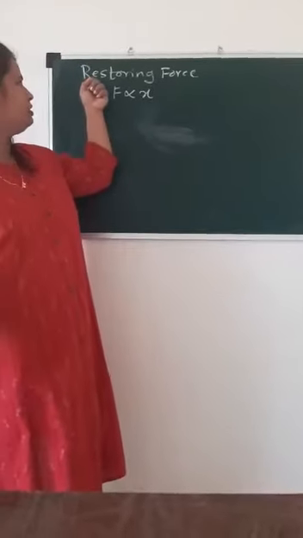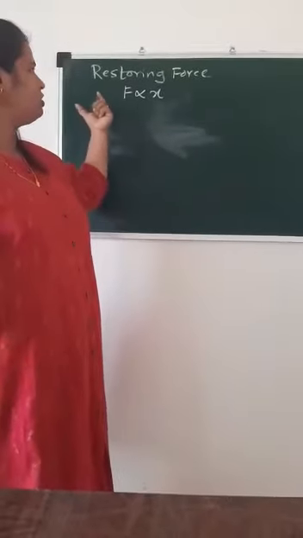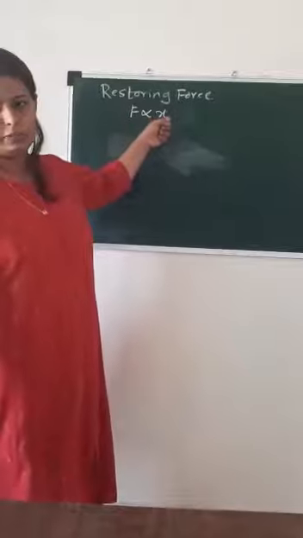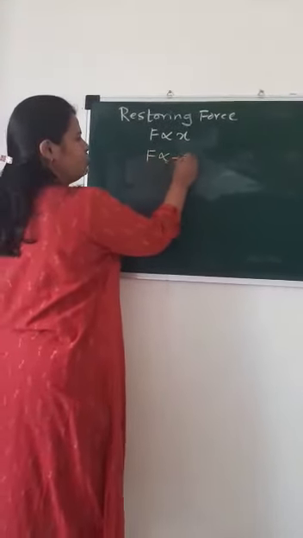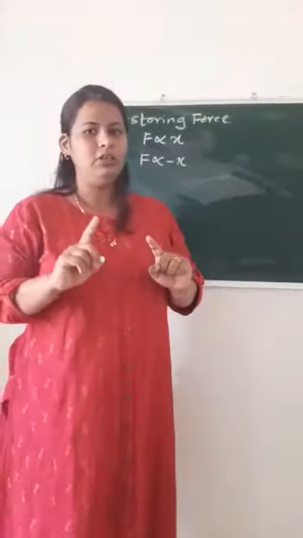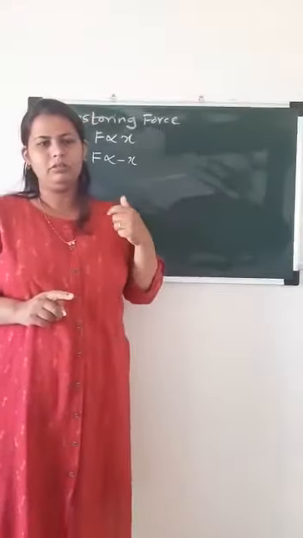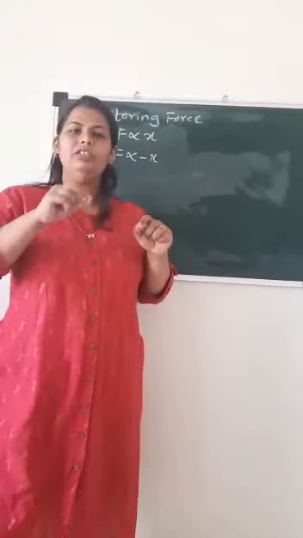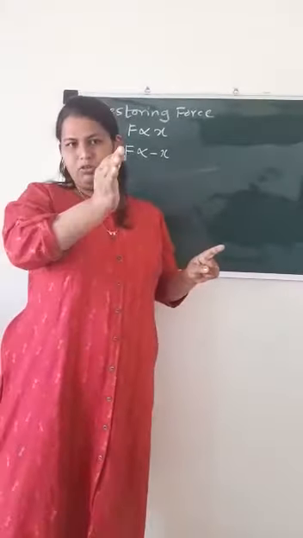Now let us see what the restoring force is. As we saw earlier, the restoring force is directly proportional to the displacement. The only difference is the sign, that is, it is proportional to minus x, because the direction of the force is opposite to that of the displacement. In the previous diagram, in the stretch case, the displacement was to the right-hand side and the force was to the left-hand side.